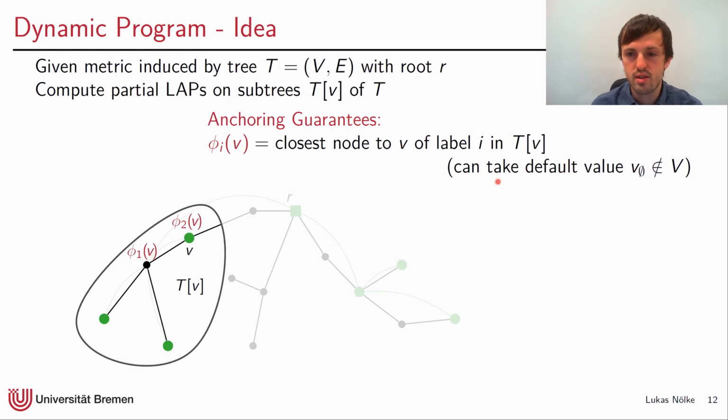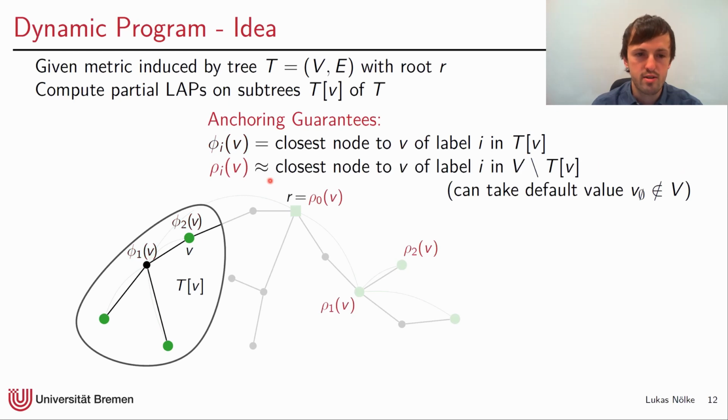And we also allow these anchoring guarantees to take a default value, which then indicates that there is no such node to anchor the vertex V to. Further, we have outer anchoring guarantees, rho I of V, which then just describe the roughly closest node to V of label I in the remaining graph. So here we have that the root is rho 0 of V, which is of course always the case. And here are rho 1 and rho 2 of V.